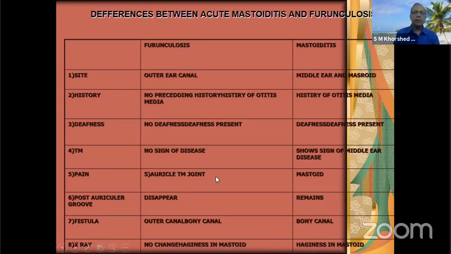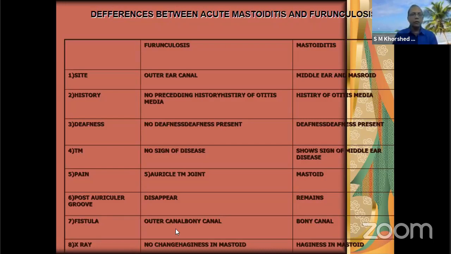Pain: when the auricle and the TM joint are moved, there is pain in furunculosis. But in mastoiditis, there is only pain on pressure over the mastoid. Postauricular groove: in furunculosis, this groove disappears, becomes shallow. In mastoiditis, the postauricular groove remains, and sometimes it is accentuated due to swelling.